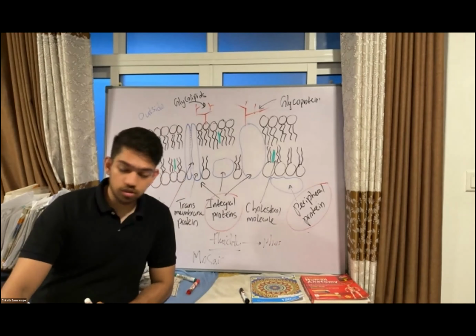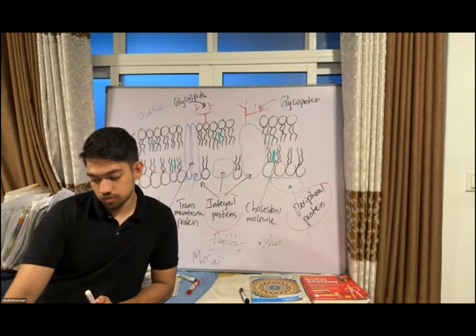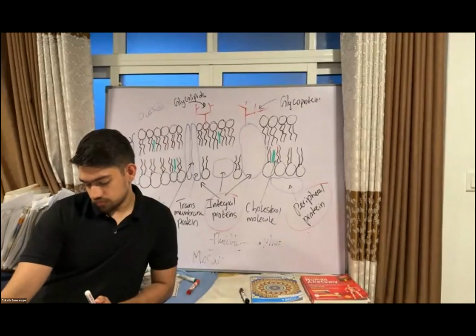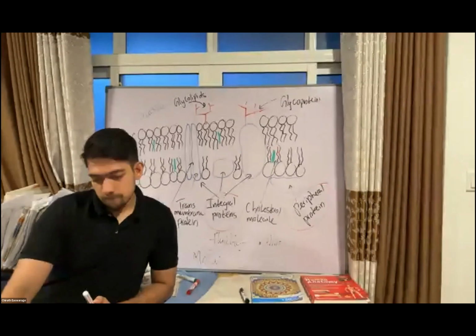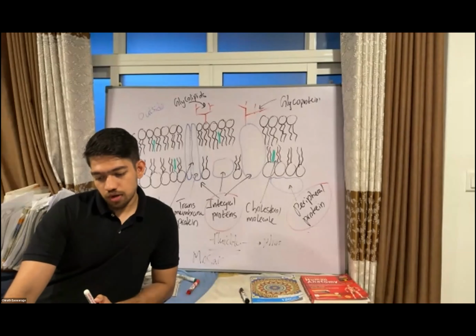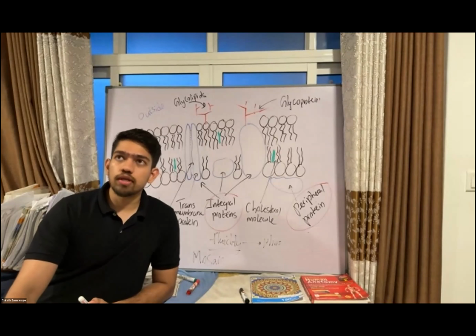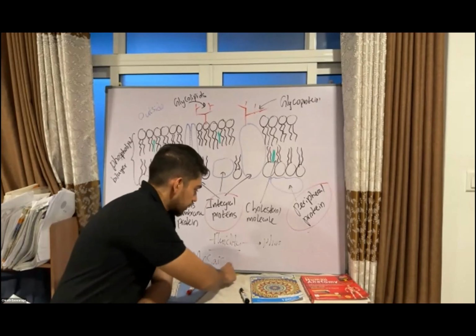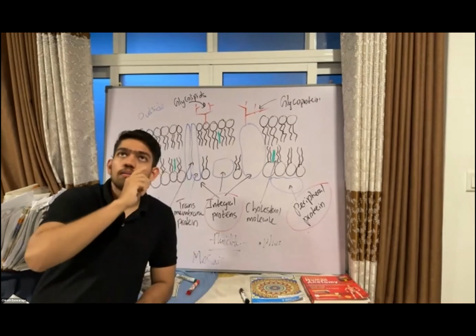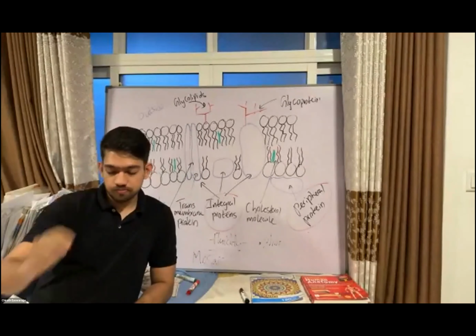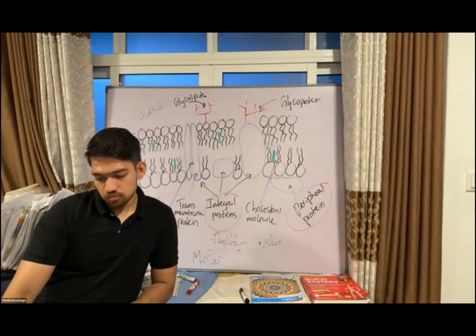Then underneath that, the mosaic nature, draw an arrow, proteins embedded randomly.